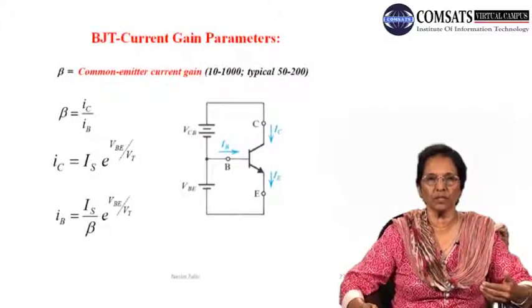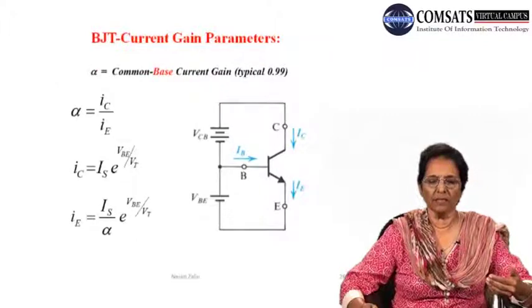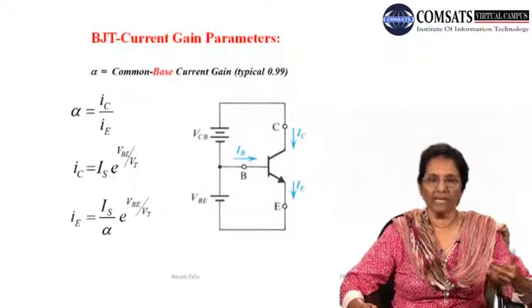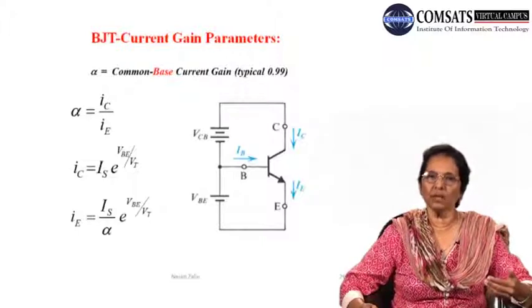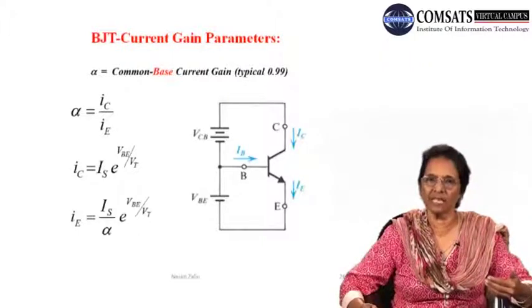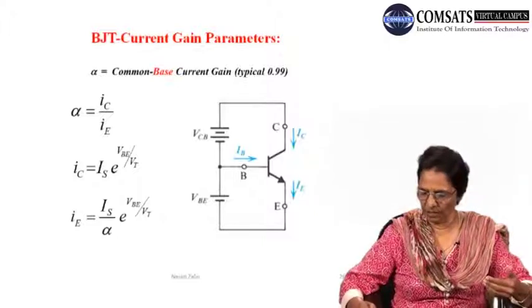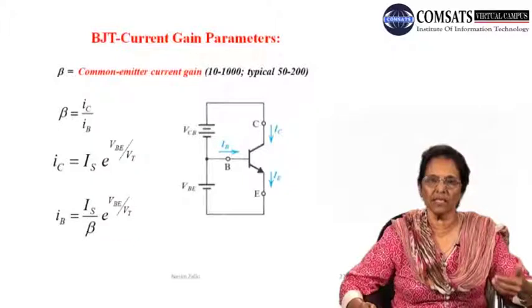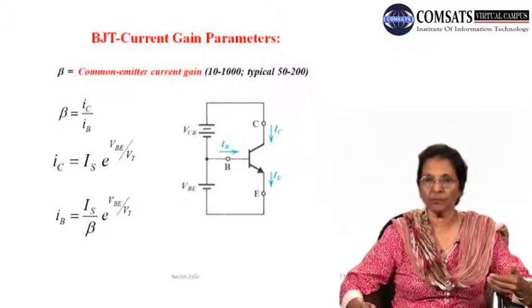This is common emitter, and the gain factor for common emitter is beta, and for the common base the gain is alpha. Alpha is the current gain in common base configuration, and beta is the current gain in the common emitter configuration.